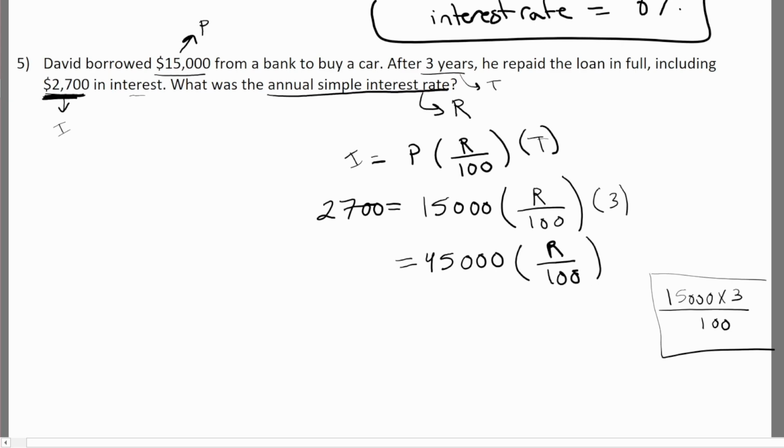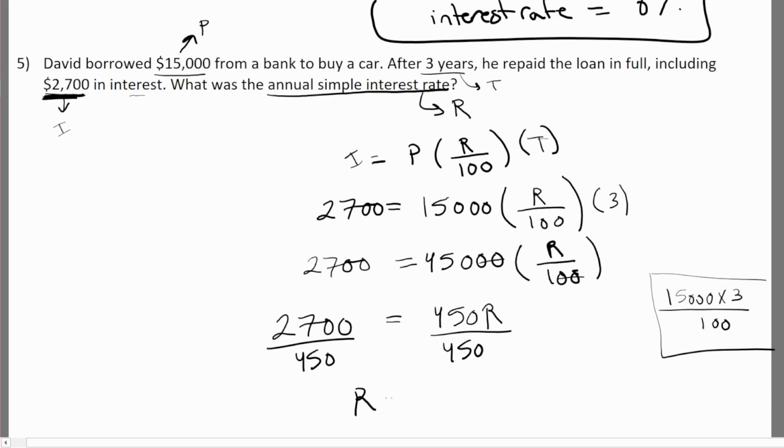Again, you can divide 45,000 by the 100 right here, so those two zeros cancel out. So we get 450R is equal to 2,700. Now we're going to divide through by 450, and we get that R is equal to 6 again, actually.